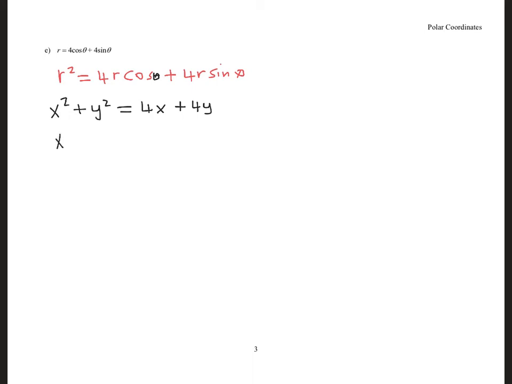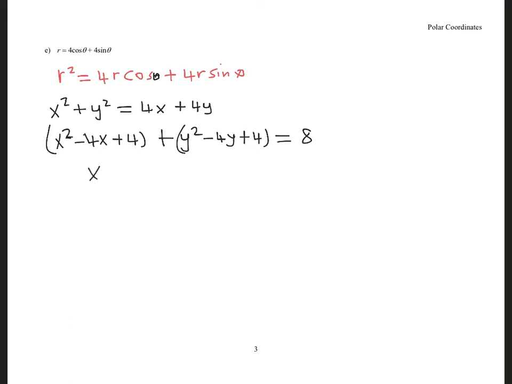So I have x squared minus 4x, and I take negative 4 divided by 2 squared, so that will be 4, plus y squared minus 4y, and then I take negative 4 divided by 2 squared, I get 4. And on the other side, whatever I added on this side, I added to the other side. 4 plus 4 is 8.